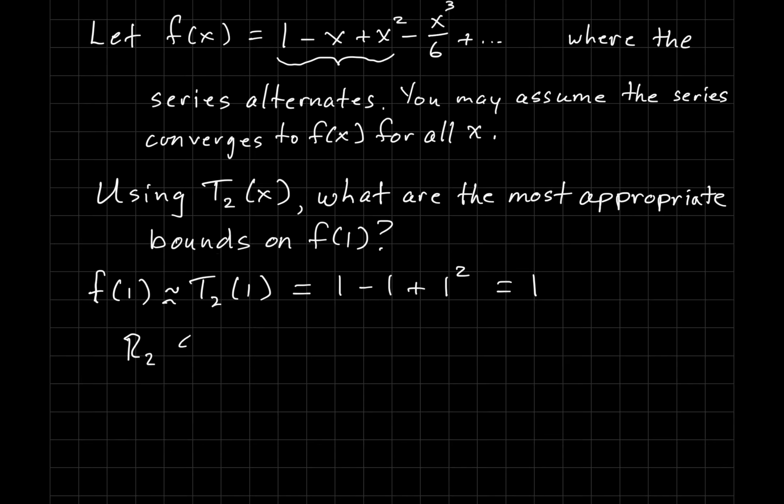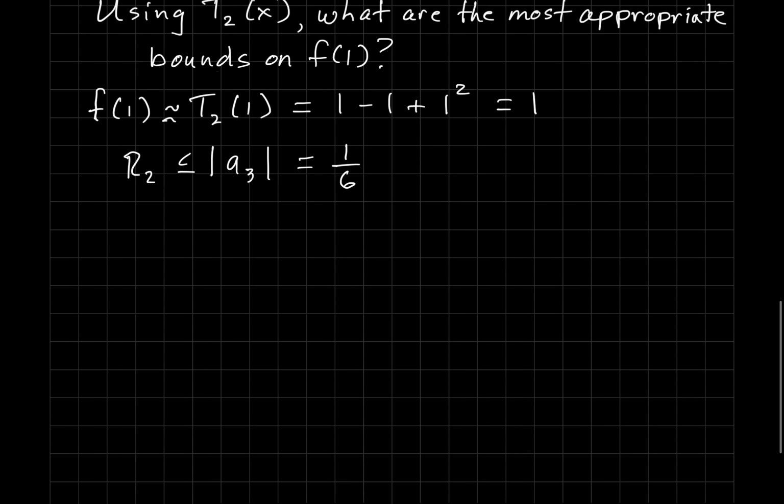So the error, using my second degree polynomial, is no more than the first left off term. Where the first left off term is here, I don't need to worry about the negative sign because of the absolute values. And when I plug in 1, I get 1 cubed over 6. So what are the most appropriate bounds on f of 1? What does that mean? Well, right now, my best guess at f of 1 is 1.